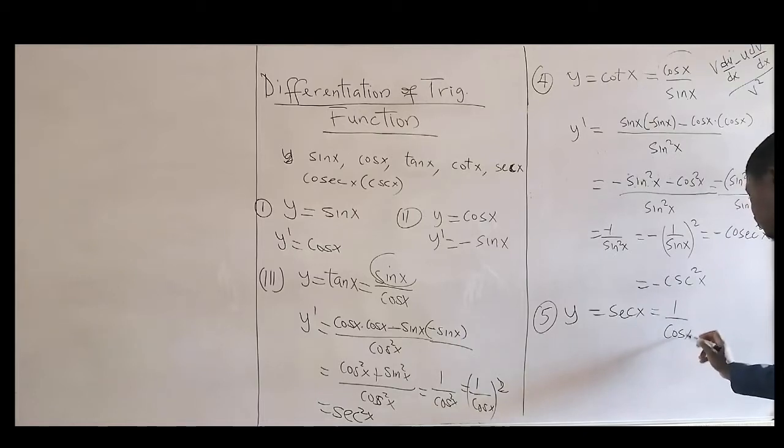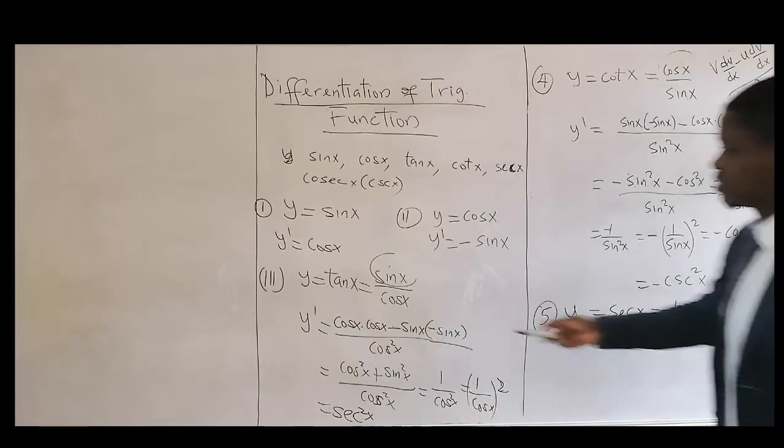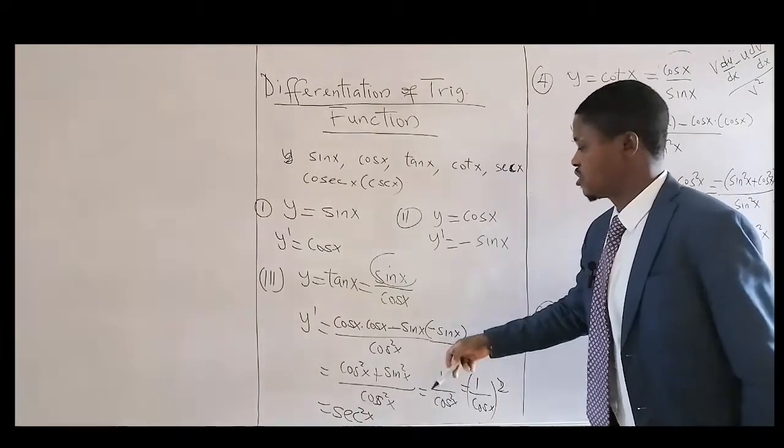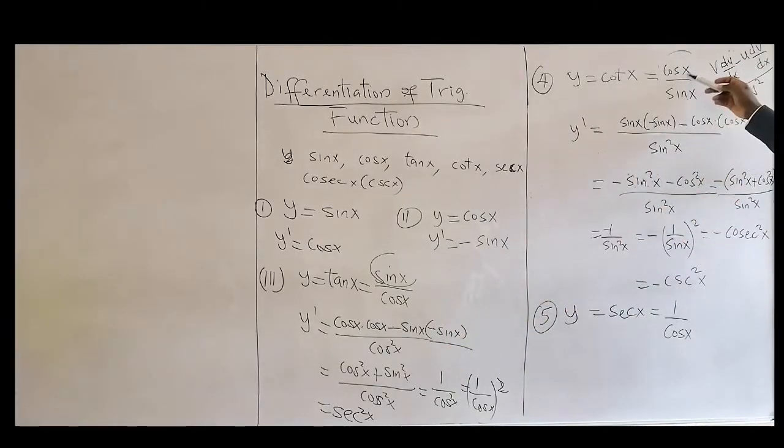As I said in the previous video on the quotient rule, we'll be using the quotient rule. We used the quotient rule for tangents to get the differentiation, and we use it for this one also. When the numerator is 1, it's very fast. It will just be equal to minus dv dx over v squared.